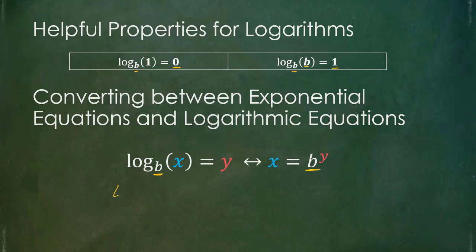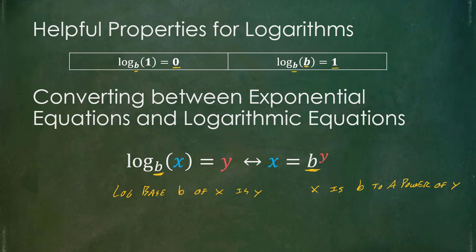So remember, this is log base b of x is y, whereas the second one, it's x is b to a power of y. But again, the base is still called a base, so that hopefully makes the conversion a little easier.